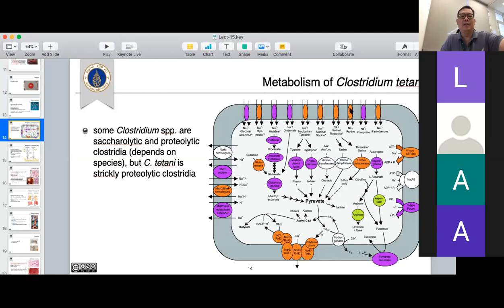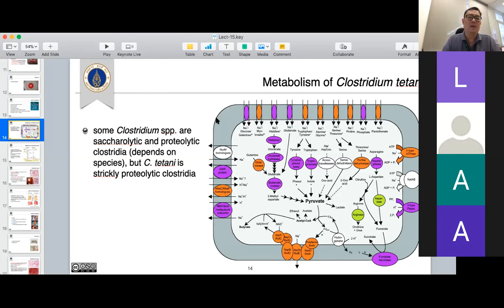But proteolytic Clostridia consume amino acids and convert amino acids to something else, some intermediate. Clostridium tetani is proteolytic Clostridia. They consume a lot of amino acids. They get energy, I mean ATP, from metabolizing amino acids.